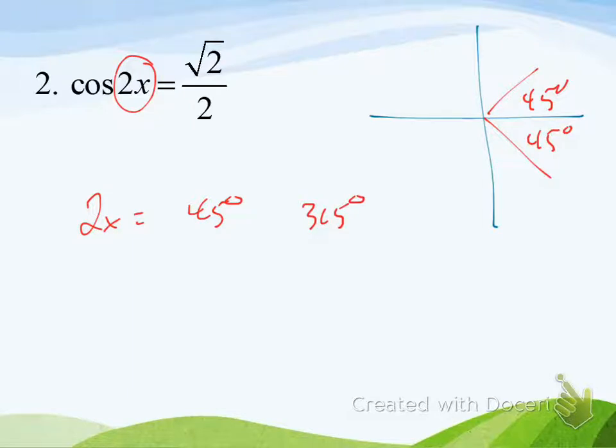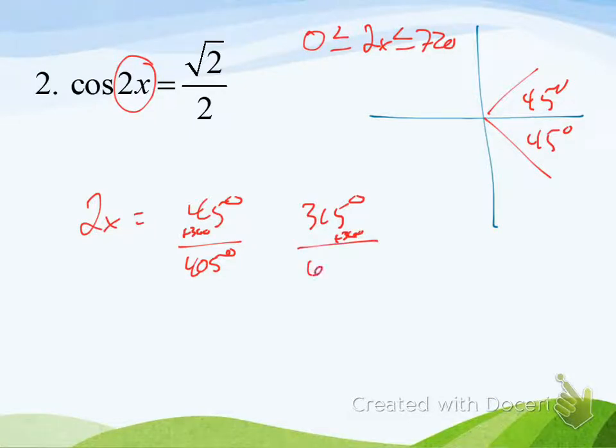But again, if you go back up into the allowed values of 2x, 2x can go as high as 720. And if I add 360, I get 405. 405 is allowed for 2x. If I add 360 to 315, we get 675. That's allowed as well. If we add 360 to 405 again, we're going to be over our cap of 720, so we can't use those.